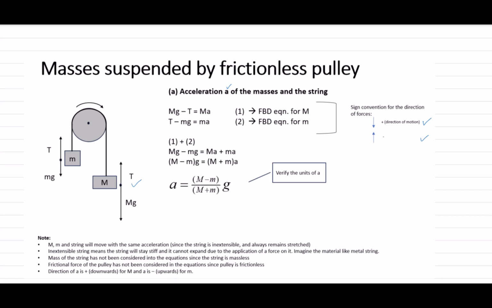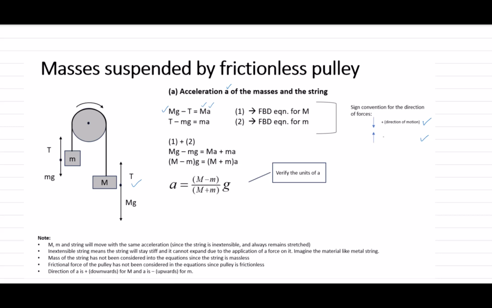So focusing on the free body diagram for the bigger mass, we have mg, that is the weight, minus T, the tension acting vertically upward, equal to the mass times the acceleration of the object.